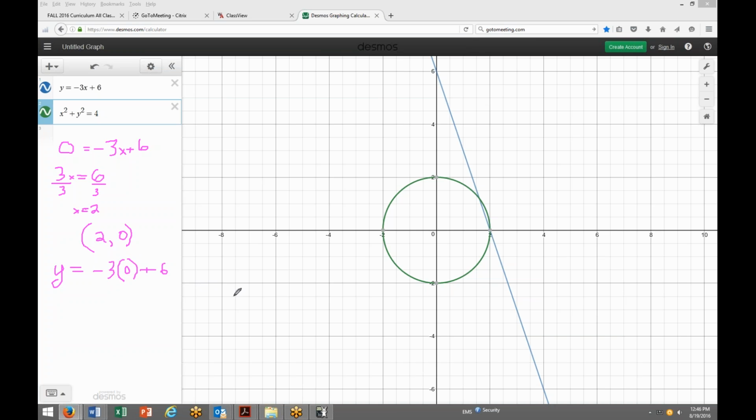Well, negative 3 times 0 is just 0, so we have y equals 0 plus 6. And of course, any number plus 0 is just itself, so we discover that the value of the y-intercept is 6, meaning that the graph of this line crosses the y-axis at y equals 6.